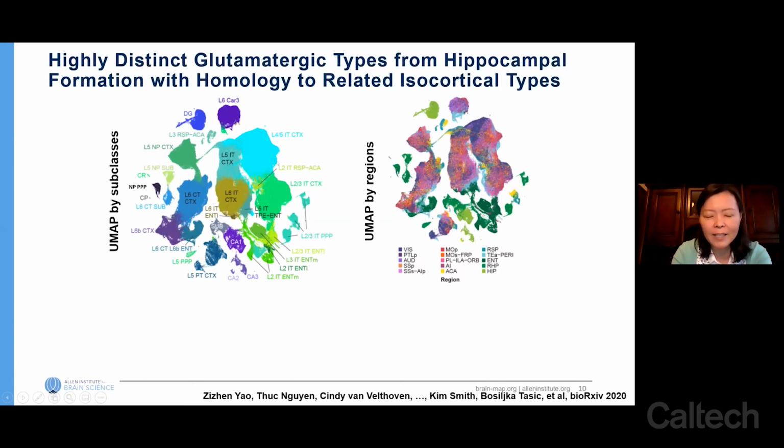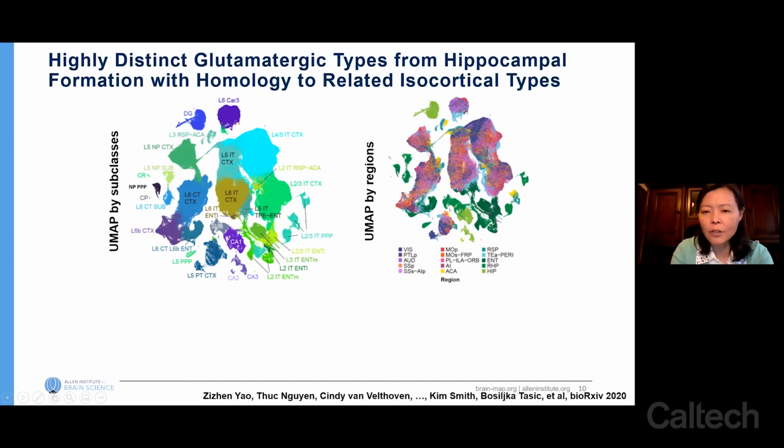The big block is the IT neurons, as I mentioned earlier, across all different layers. There's a distinct block here that's layer 5 PT. And then there's another block here that's actually three subclasses of neurons: the layer 6 CT, layer 5 NP, and layer 6B. There's finally a highly distinct neocortical subclass here. We call it layer 6 CAR3. That's also related to the cortical projecting IT types.